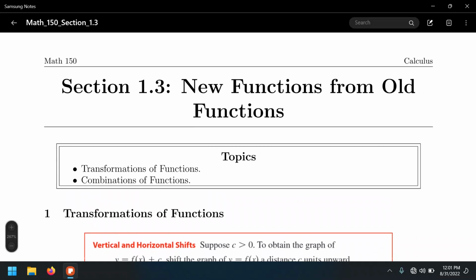Alright, so last time we covered the different basic parent graphs and we did a few exercises also on finding their corresponding domains.